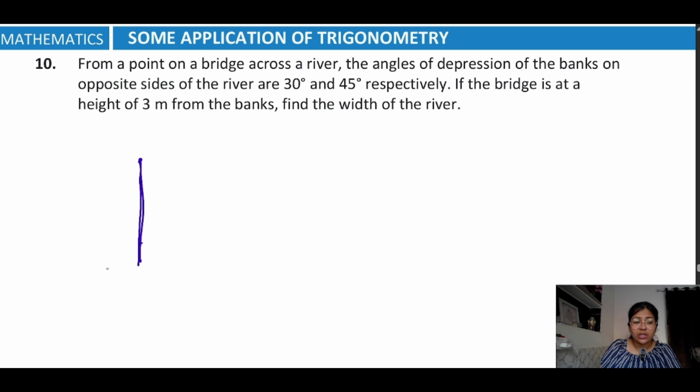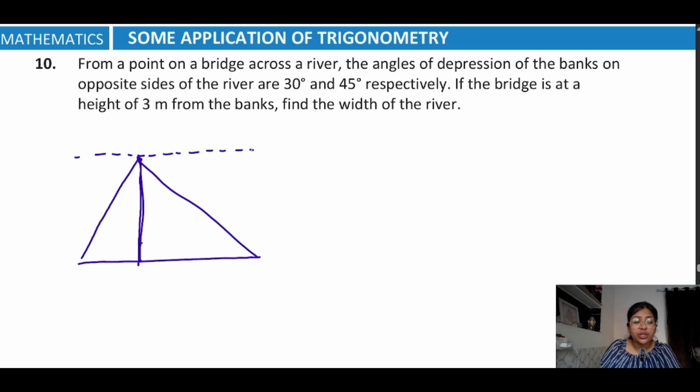From a point on the bridge across the river, the angle of depression of the banks on the opposite side of the river, banks means किनारा, river के किनारे, तो हम रिवर के दोनों किनारों की साइड देखते हैं तो हमें अलग अलग एंगल ऑफ डिप्रेशन मिलता है. The first side angle of depression is 30 degree and from another side it is 45 degree.